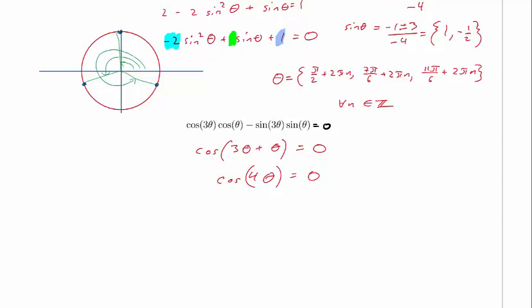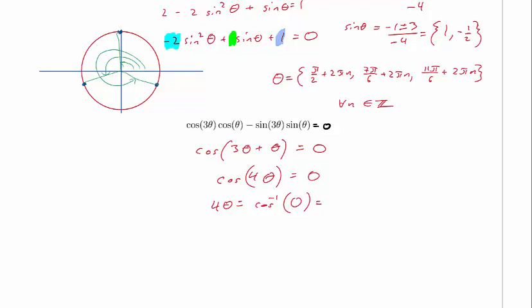So note what we're doing here is we are going to be taking the inverse cosine of 0 to find 4 theta. So the inverse cosine of 0, that is, where are all the x coordinates going to be 0? Well, it's going to be at the top and bottom of the unit circle.